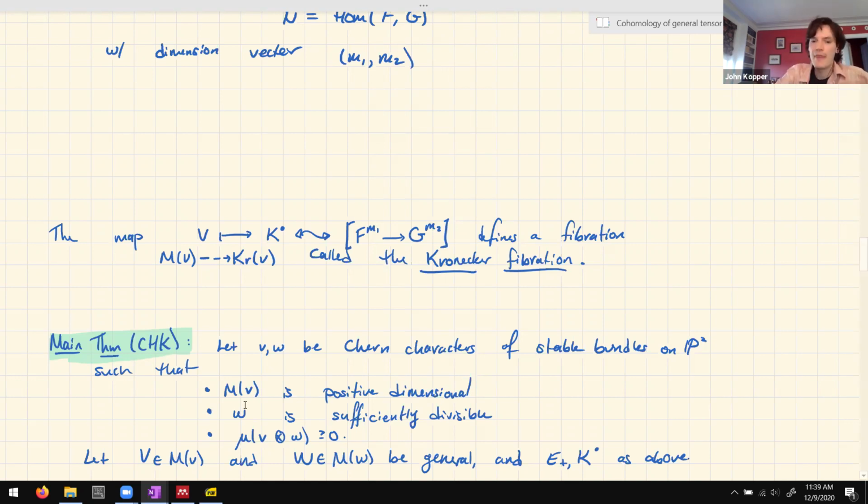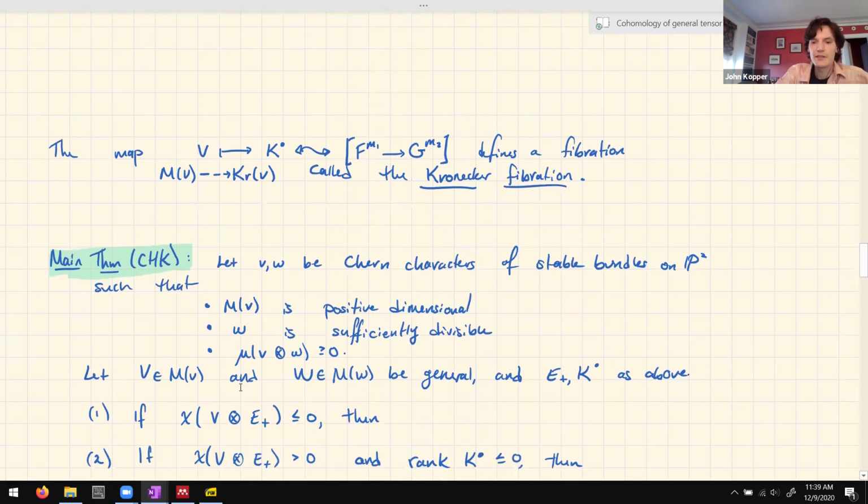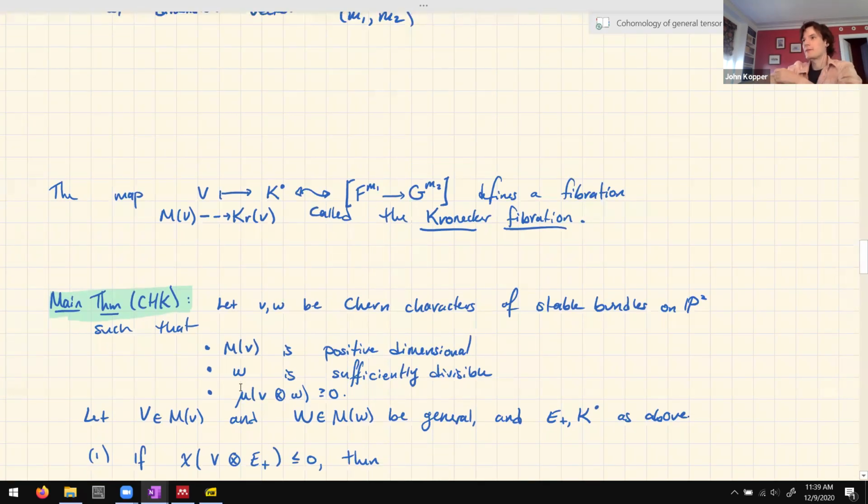Okay. And then I'm going to take V and W with primary corresponding exceptional and complex K associated to V. So I'm going to take E plus and K dot associated to my vector bundle V, as I've defined for you now. So the theorem breaks into 3 cases.